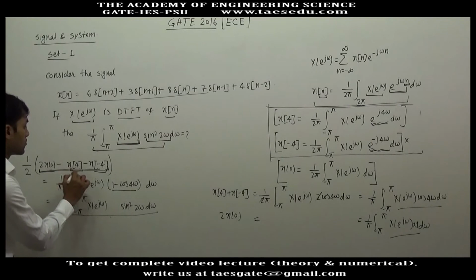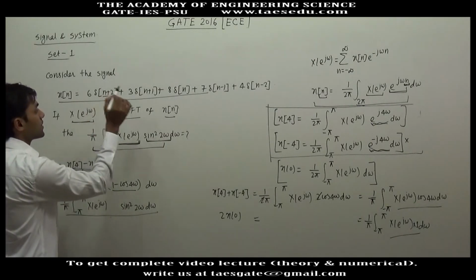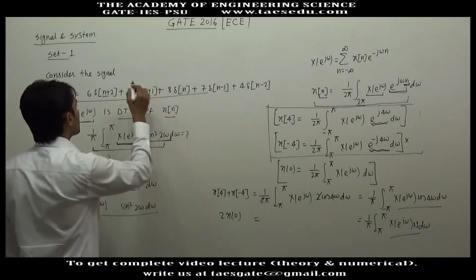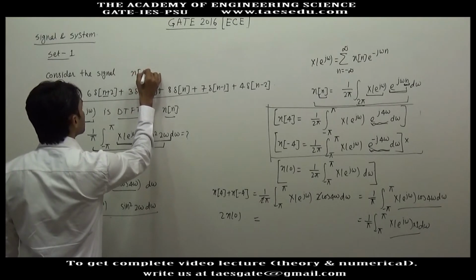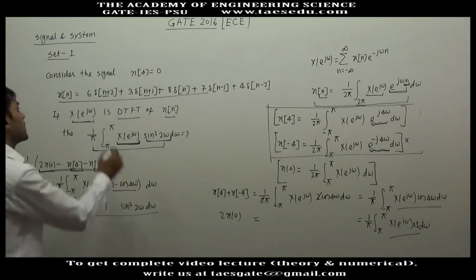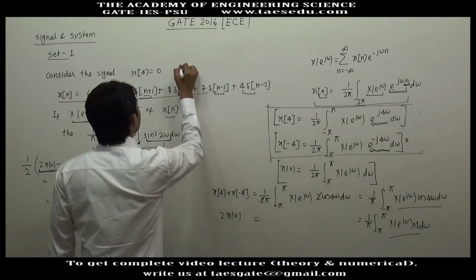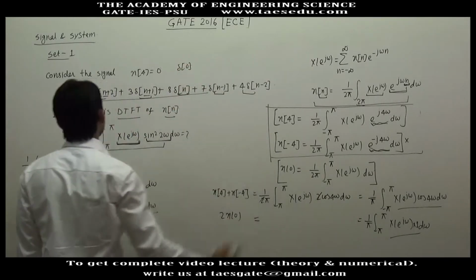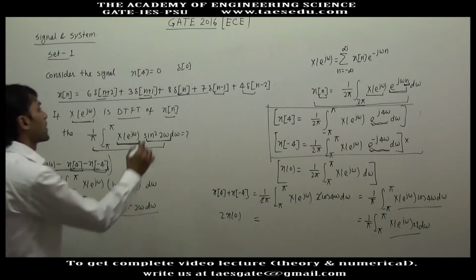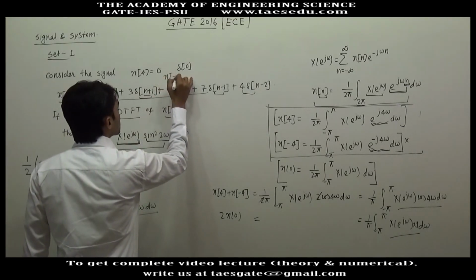So x4: if you put n equal to 4, in neither of the terms will you get delta 0. So x4 is 0, x minus 4 is also 0.